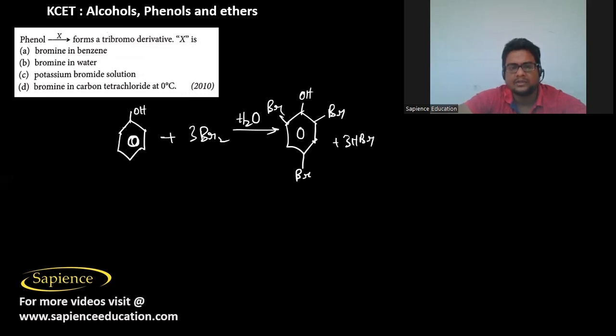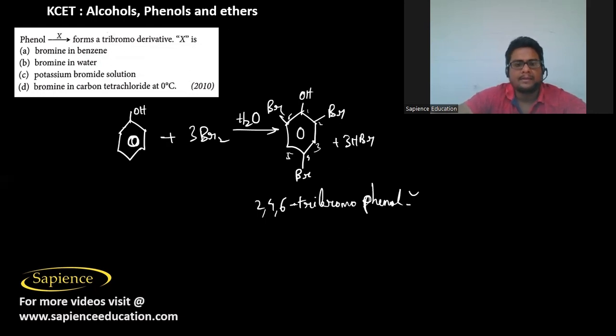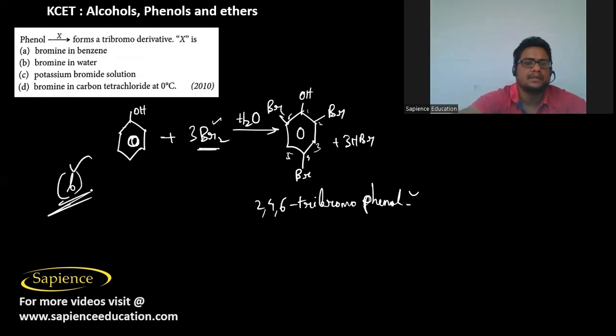So it is 2, 4, 6 tribromophenol. So here X is bromine in water. So bromine in water should be used. So option B is the correct answer.